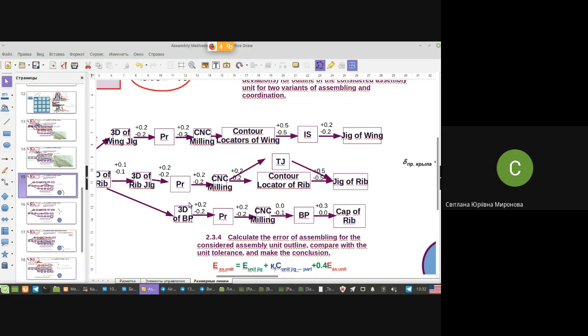Normally, of course, we have different programs for the contour locator and for the template of the jig, so here it will be an even more complicated chain. But for students, we simplify it. Let's think that the same CNC machine, using practically the same program, cuts both the template and the contour locator, maybe simultaneously. But because they are two different objects, it should be considered somehow, that we have here an additional chain, an additional loop.